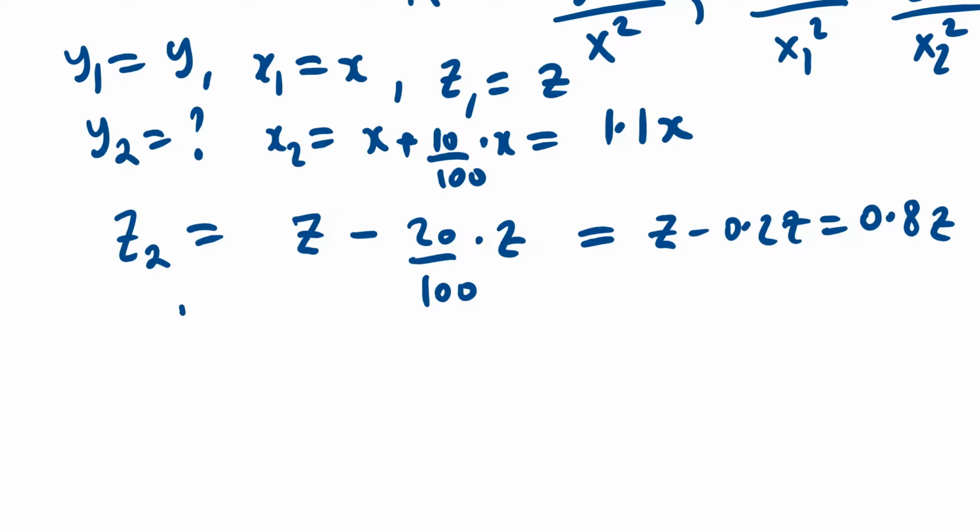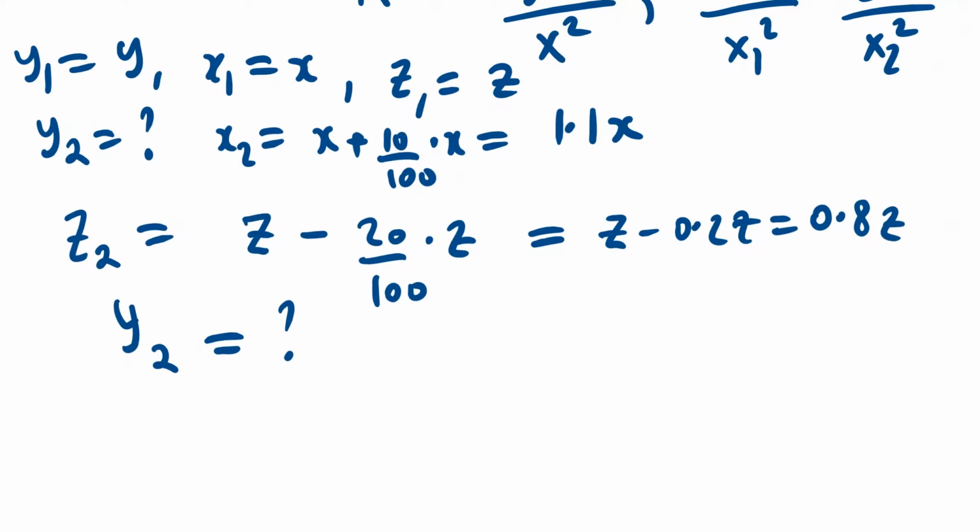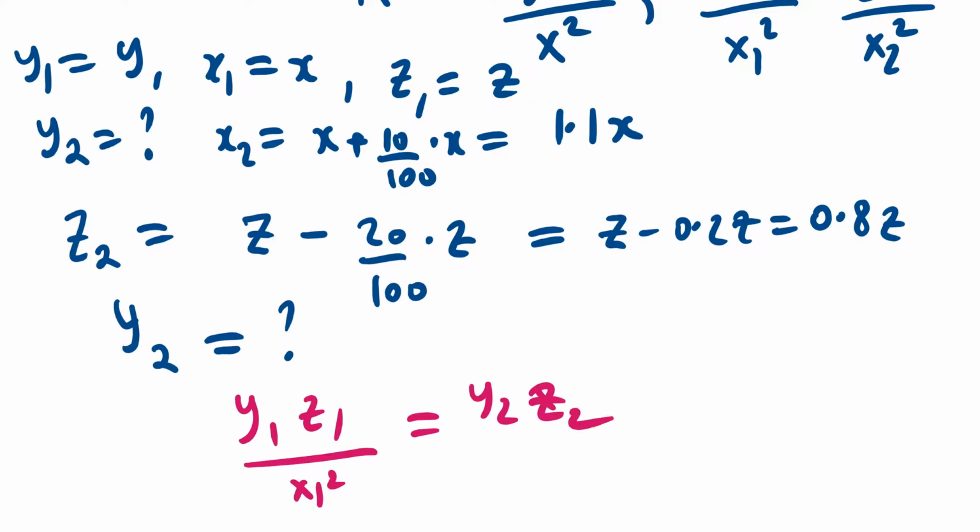Okay, now we have to find y2. y2 will be equal to how much, as we said before. So I'm going to plug in this equation here. We have seen that y1 z1 over x1 squared equals y2 z2 over x2 squared.